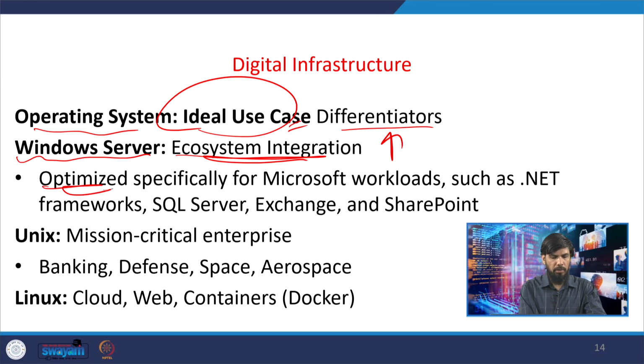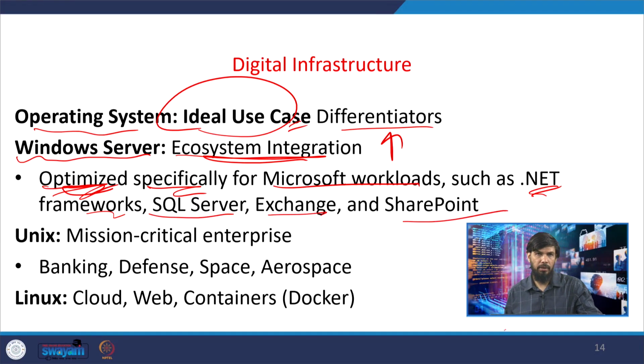You will get the optimization benefit, because it is optimized specifically for Microsoft workloads such as .NET frameworks, SQL Server, Exchange, SharePoint. If you are into these kinds of enterprise products from Microsoft, then Windows Server will make sense, because these products will work well with it, as they are coming from the same Microsoft ecosystem. So you'll achieve good ecosystem integration, right.